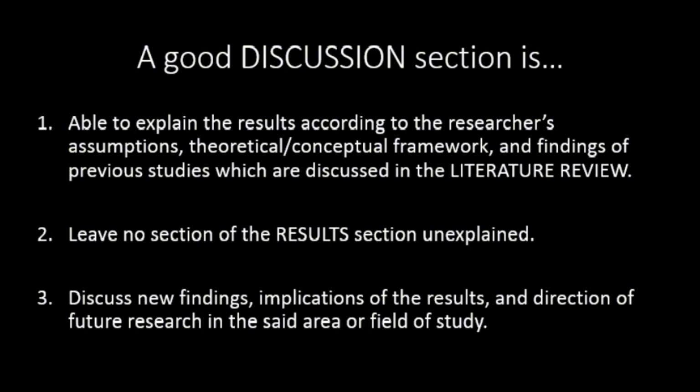Number 2, you leave no section of the results section unexplained. And then number 3, you are able to discuss new findings, implications of your results, and direction of future research in the area or field of study in which you have chosen for your research paper.